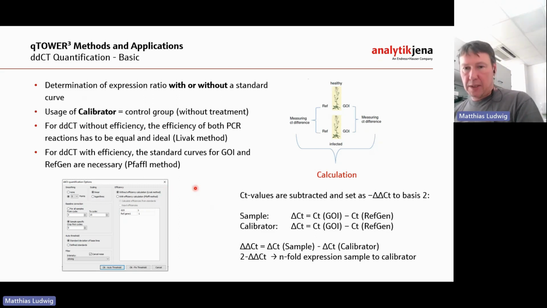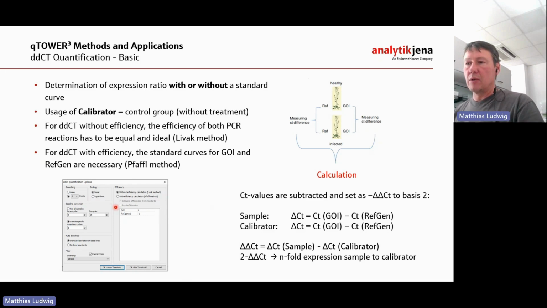For better accuracy, the Pfaffl method is more recommended, because you then have a calibration curve for your gene of interest and also for your gene of reference. Based on this PCR efficiency, the software can use this information for a more accurate calculation of your gene expression factor. So we offer both methods inside our software, the Livak and also the Pfaffl method.